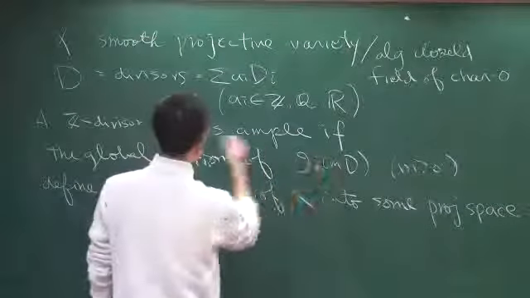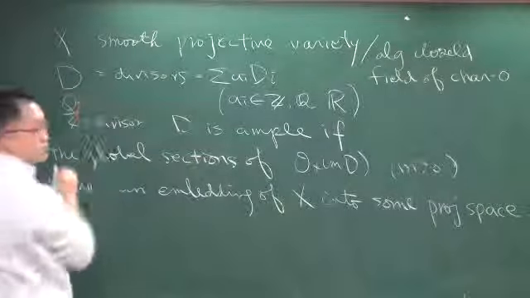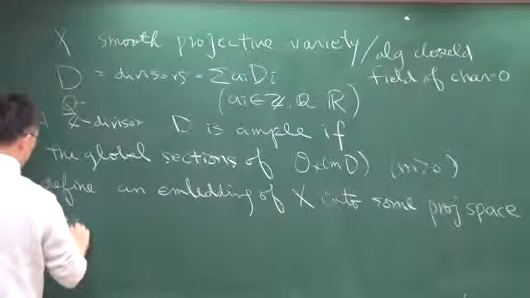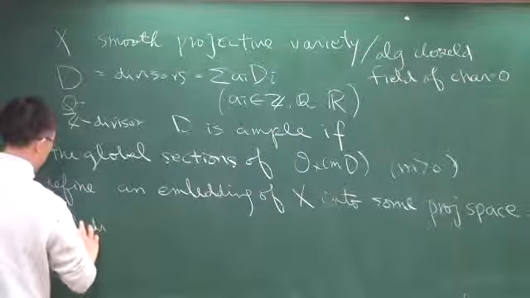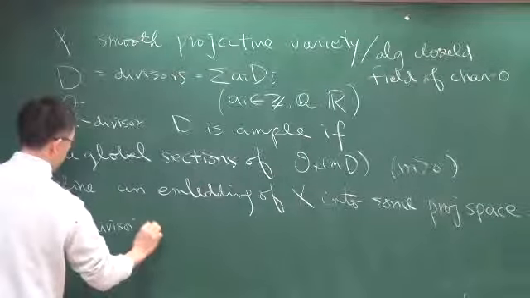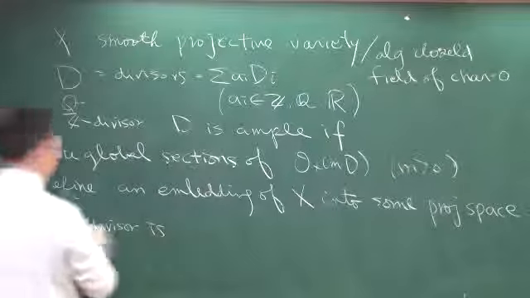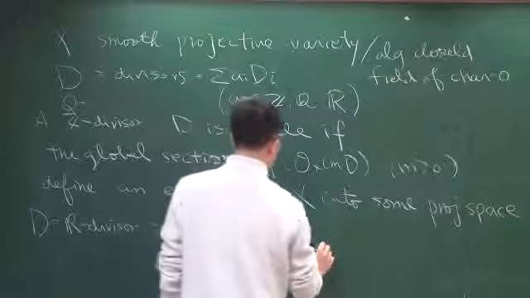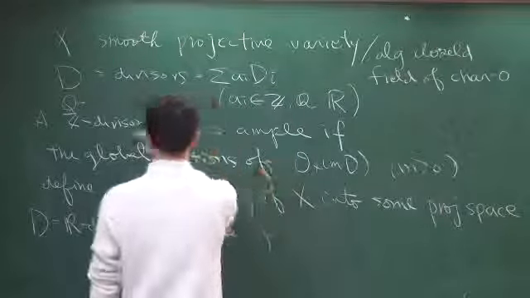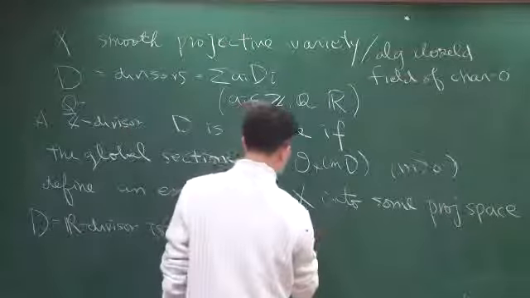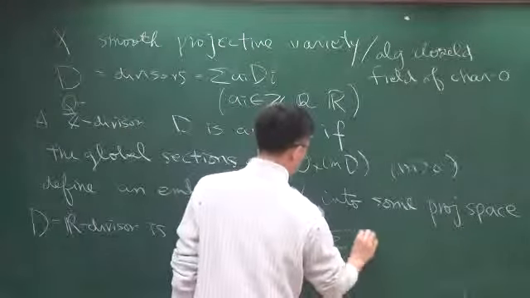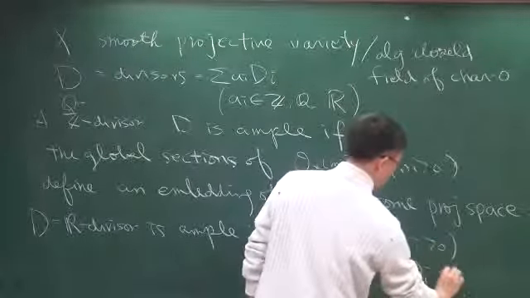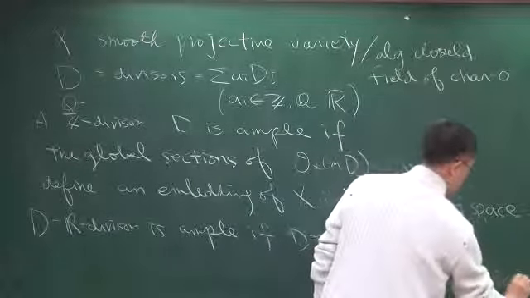But as you see here, this definition naturally extends to Q-divisors. But if you have an R-divisor, we say an R-divisor D is ample if D is a linear combination of integral ample divisors, D = sum of r_i D_i, where the r_i are positive real numbers and the D_i are ample Z-divisors.